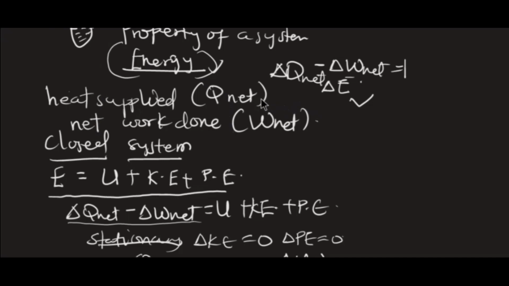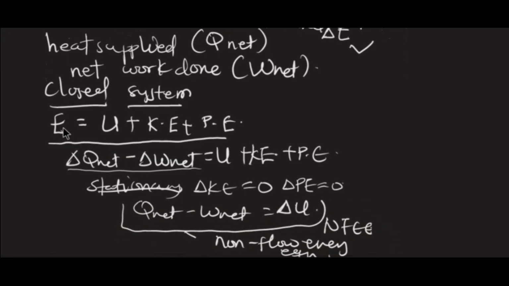So the first law of thermodynamics is saying that the total energy of a system remains constant. If you take a closed system where we had the total energy to be the internal energy, kinetic energy, and the potential, we can apply the first law by bringing in the Q net minus W net equals this.